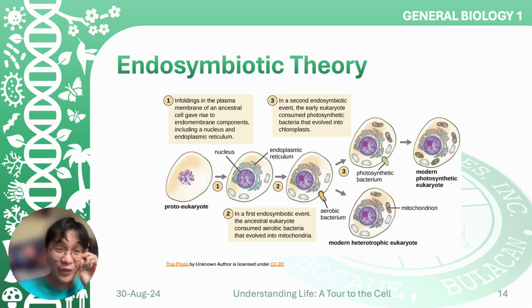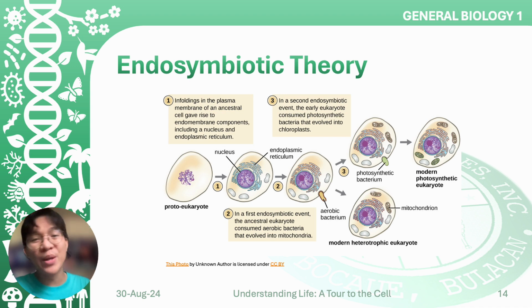Say for example, John is actually a big cell. John is a proto-eukaryote, and a proto-eukaryote is an ancient cell. So let's say that happened around 2 billion years ago.